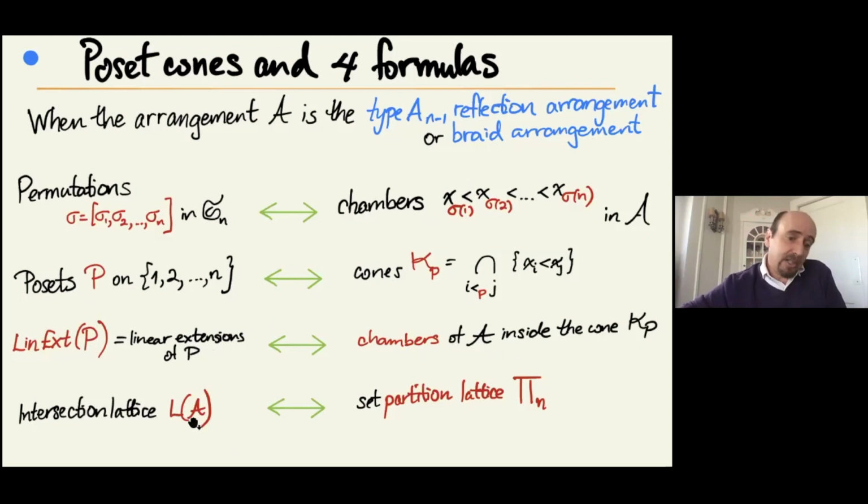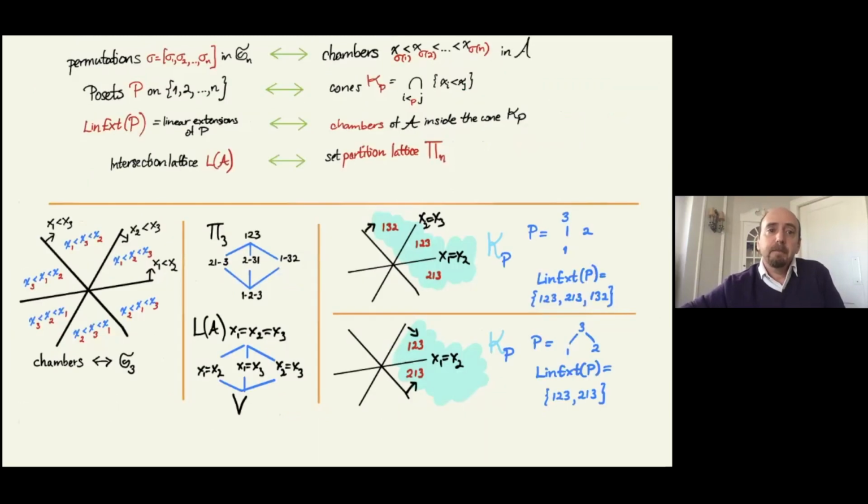And the intersection lattice for the braid arrangement is the set partition lattice, Pi_n. So let's take a look at an example. Here, I've drawn the A_2, or symmetric group S_3, braid arrangement, and it has the three hyperplanes that we were talking about before: x1 equals x3, x1 equals x2, x2 equals x3. But now I've oriented them to say on which side x1 is less than x2 or x2 is less than x3.